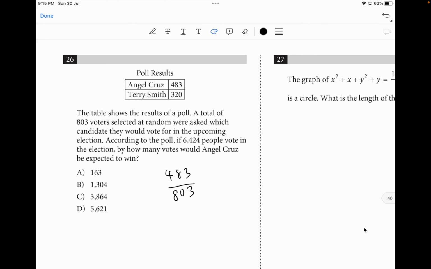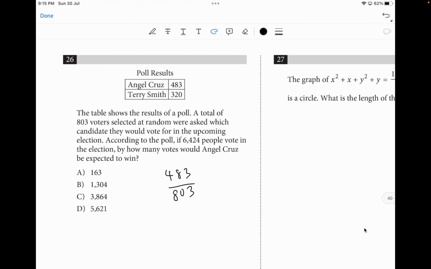Since this is 3,864, this is of the 6,424 total voters that would be expected to vote for Cruz. However, it follows that we have to subtract this.